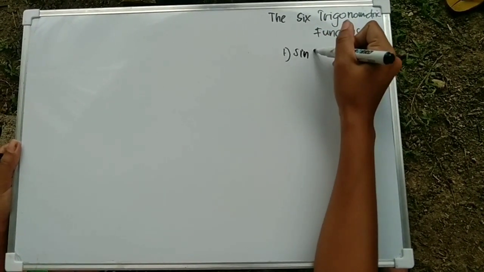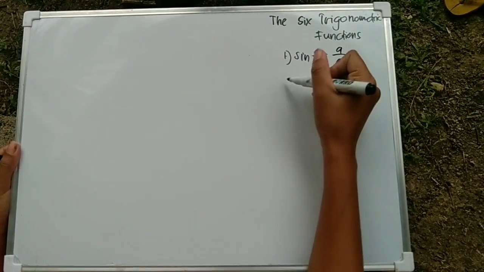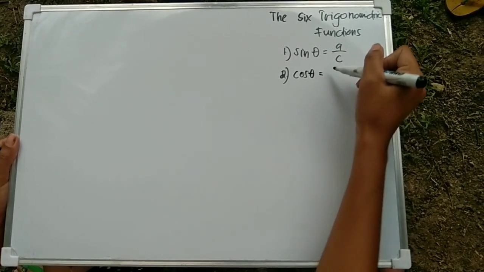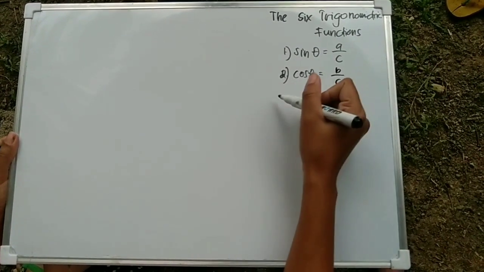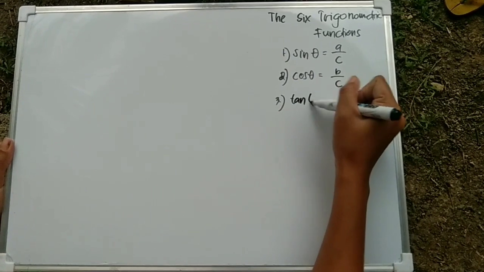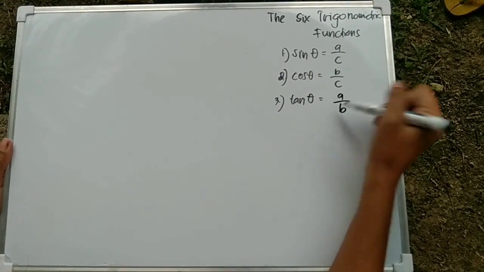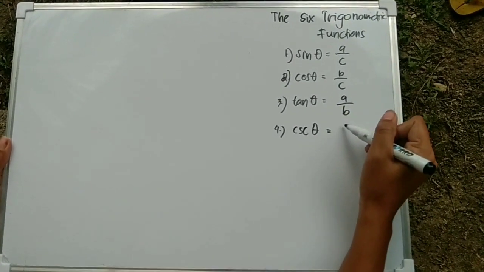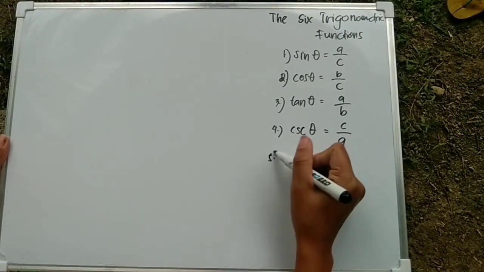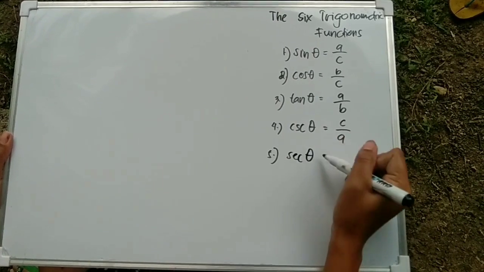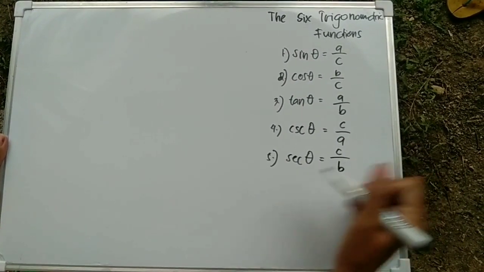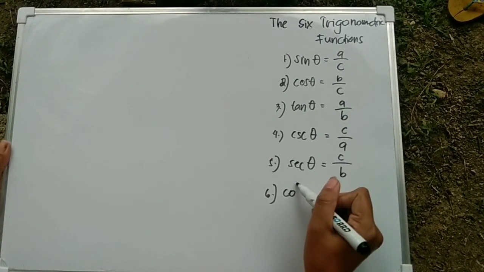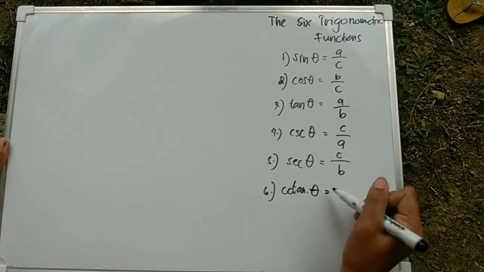So we have number 1, sine theta is equal to A over C. Number 2, cosine theta is equal to B over C. Number 3, tangent theta is equal to A over B. Number 4, cosecant theta is equal to C over A. Number 5, secant theta is equal to C over B. And the last one is the cotangent theta, which is equal to B over A.